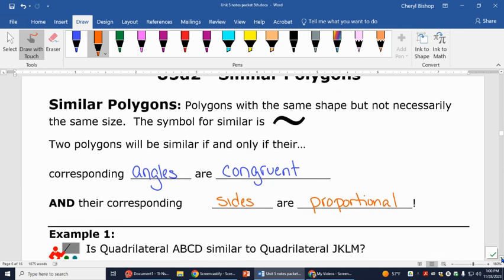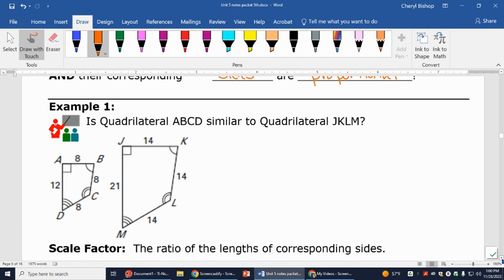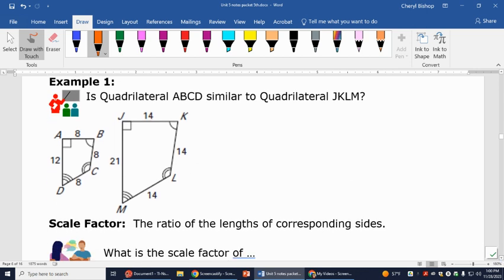Okay? All right, so here's my example. It says, is quadrilateral ABCD similar to quadrilateral JKLM? So if they are similar, then all their angles will be congruent.